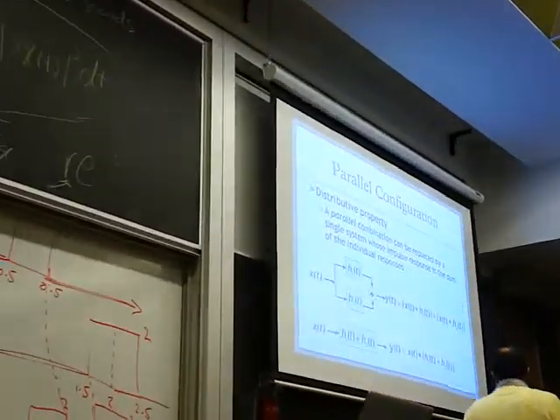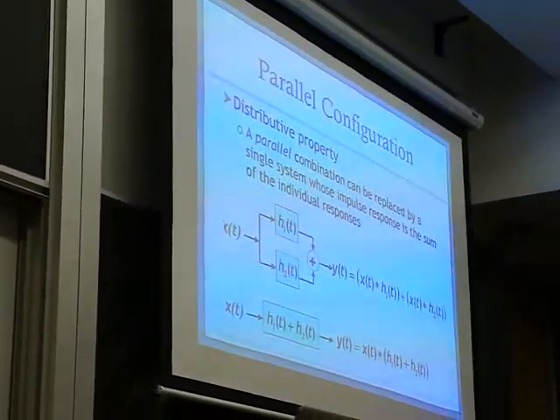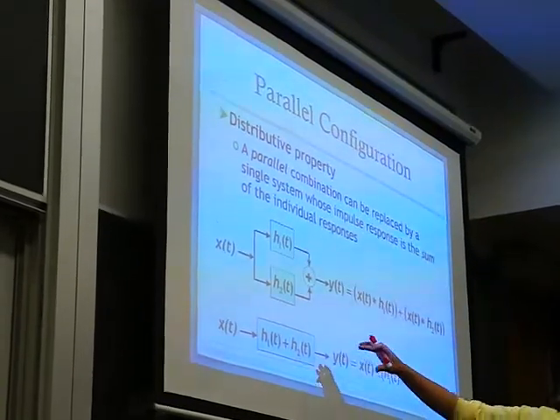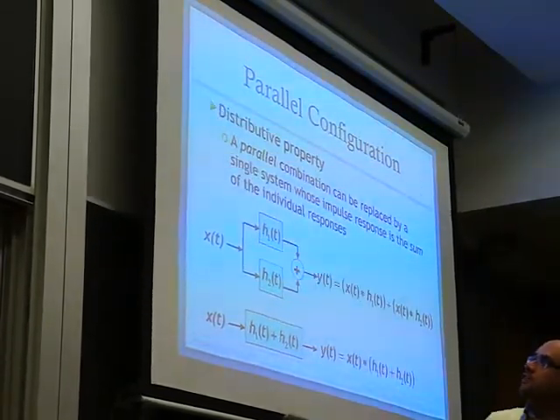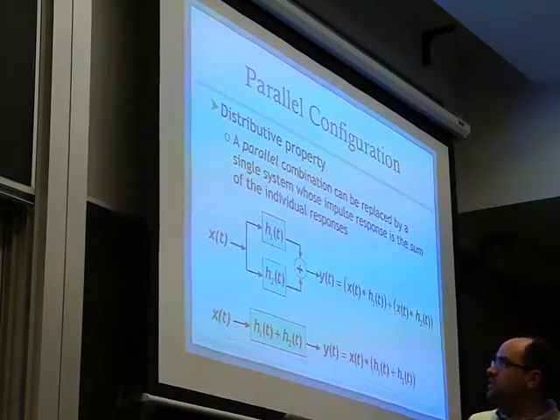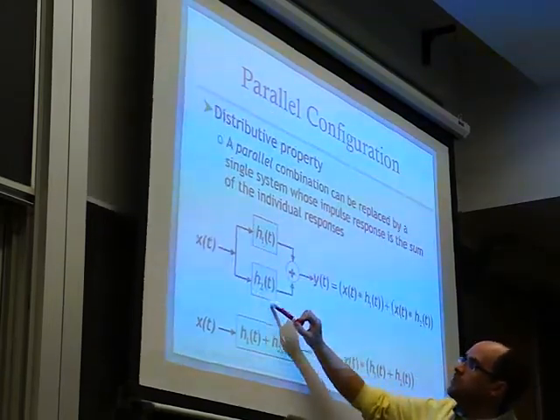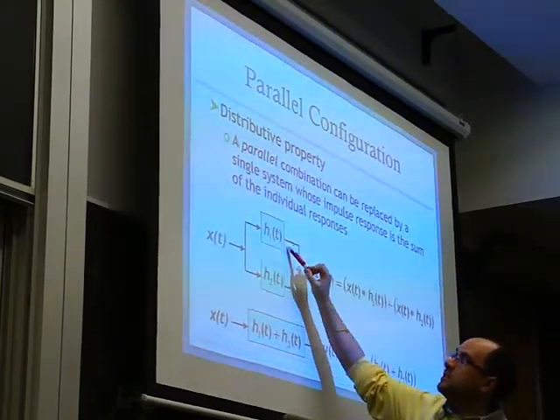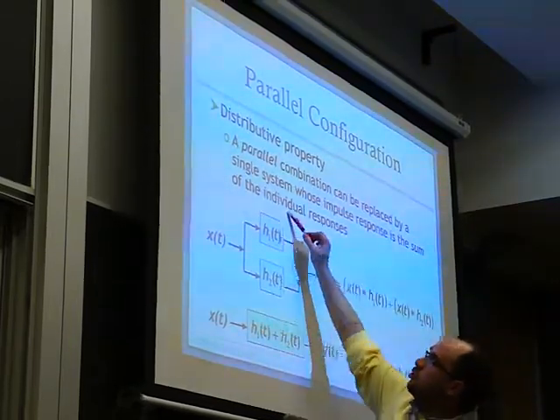When we had cascade systems, you could create more complex systems using individual linear time-invariant systems, in parallel like this, or in series. The general idea is, if you know the impulse response of the individual systems, you can calculate the overall impulse response of the whole system.